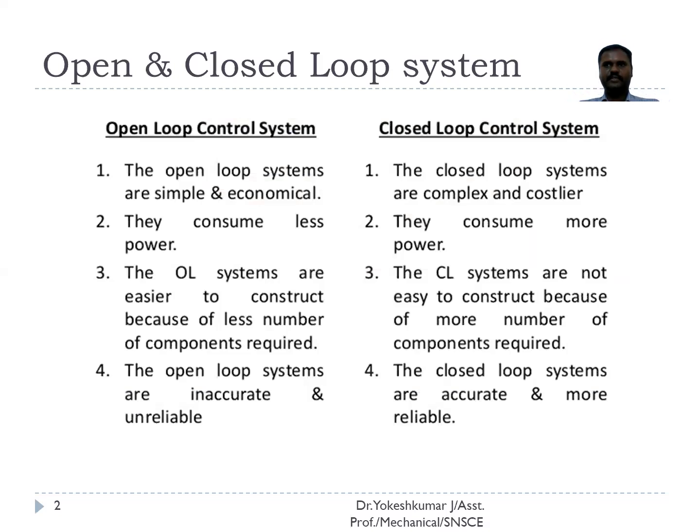So we are not supposed to send additional power or less power to the controller to control the variable. We can accurately modify the input signal based on the output parameter that is being controlled. So this is how open loop and closed loop systems have their own differences.